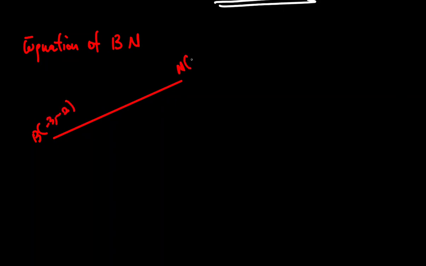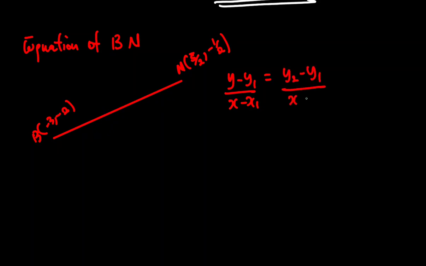And we have our N to be (5/2, -1/2). So the same thing we use, the equation of a line given 2 points. So we have (y - y1)/(x - x1) = (y2 - y1)/(x2 - x1).